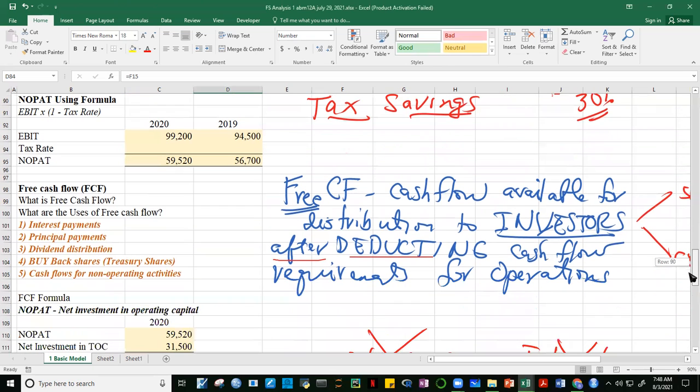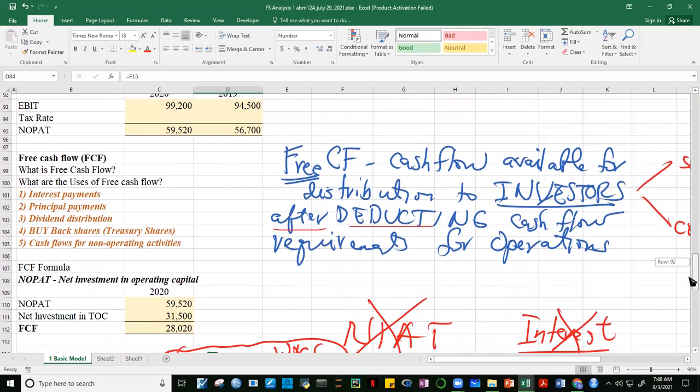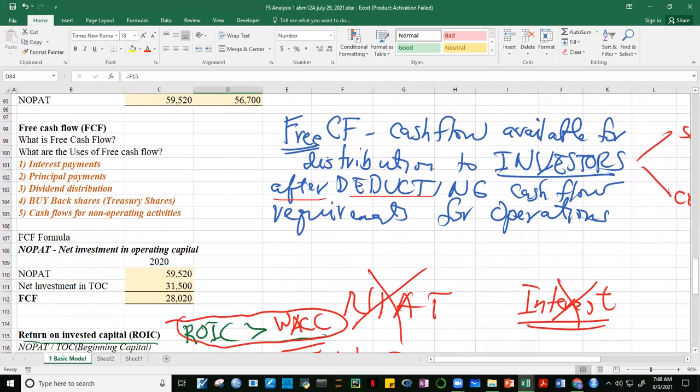All right, then we learned about free cash flow. Okay, ano ba yung free cash flow? Sabi natin, ito yung available for distribution to investors. Sino ba yung investors natin? Shareholders at saka creditors. Yun ang mga investors natin. Okay? Yun yung available for distribution to them after deducting cash flow requirements for operations. Itong cash flow requirements for operations, na-compute natin to.